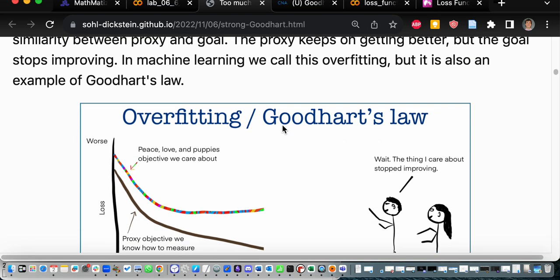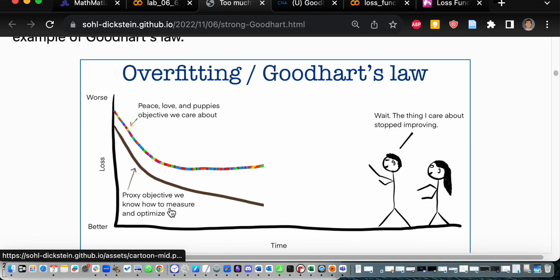But then you have this overfitting situation, which is the proxy is getting better. You're fitting the training data better and better, but the thing you care about, the actual test error, is not improving, right? So, hey, the thing I care about stopped improving. The thing that you're measuring keeps improving, but the thing you care about stops improving.